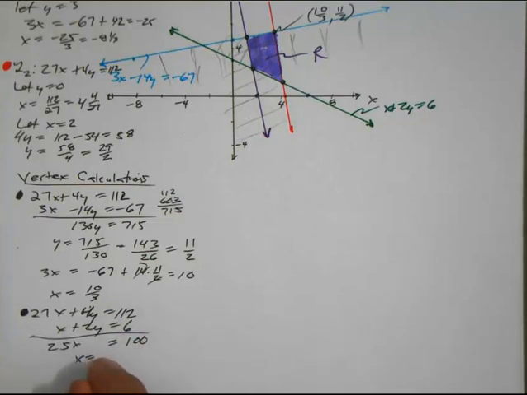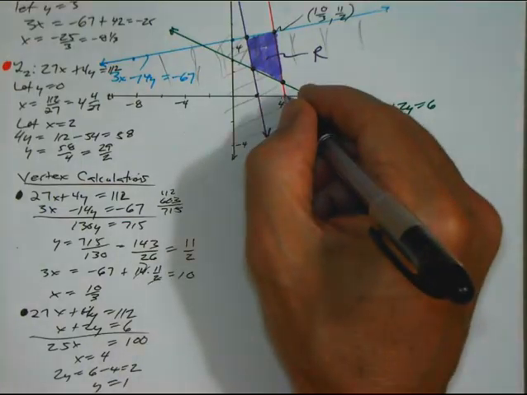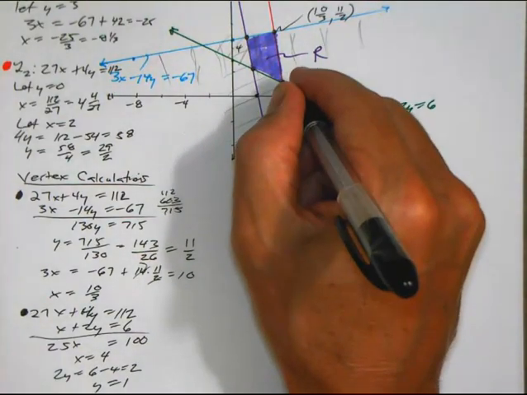Oh, that leaves us with x equals 100 divided by 25, which is 4. And then the corresponding y, we can recycle this second equation. Looks like we'd have 2y equals 6 minus 4 equals 2, so y equals 1. Is that consistent with the graph when we go to that point? 4, 1. 4, 1 looks good as well.